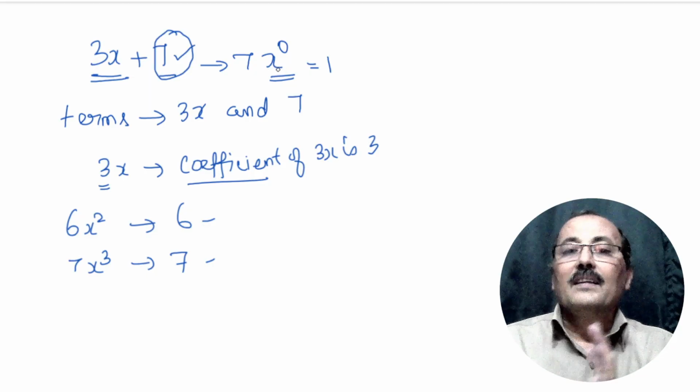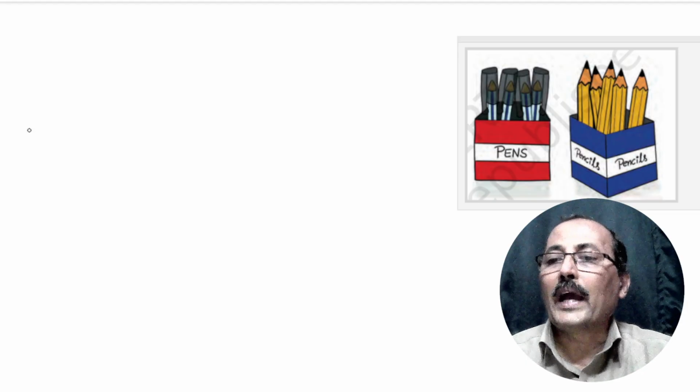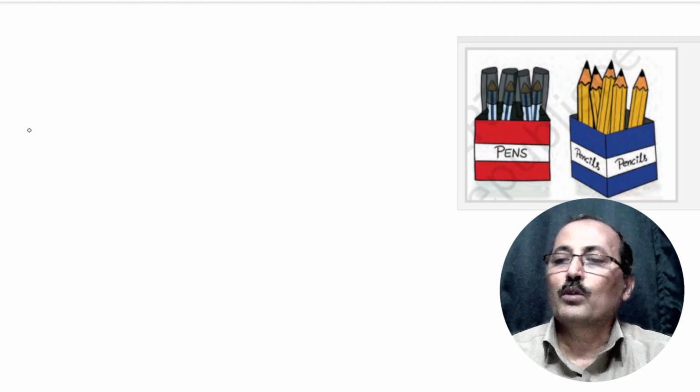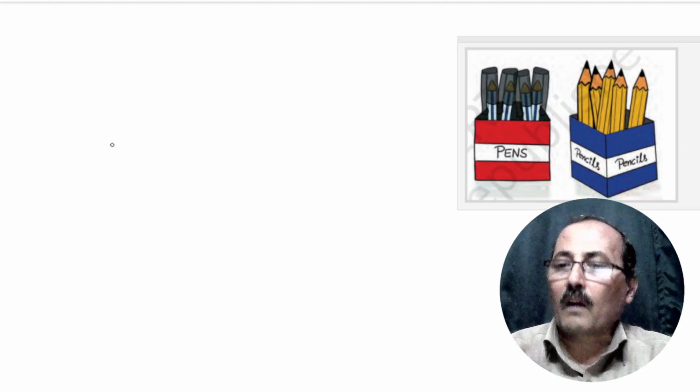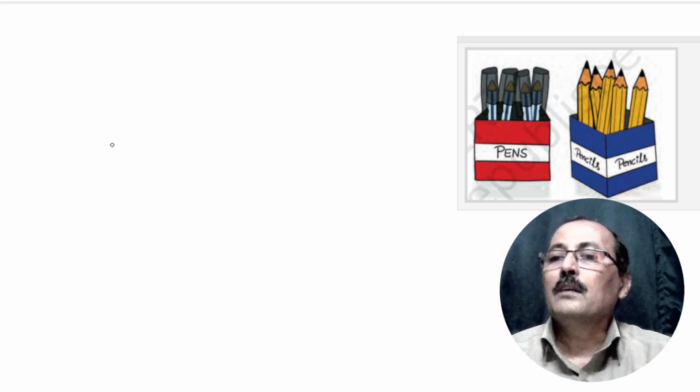So that is understood. Hello students, let me explain this algebraic expression through an example given in your textbook. Student Raju went to a shop to buy pens and pencils.